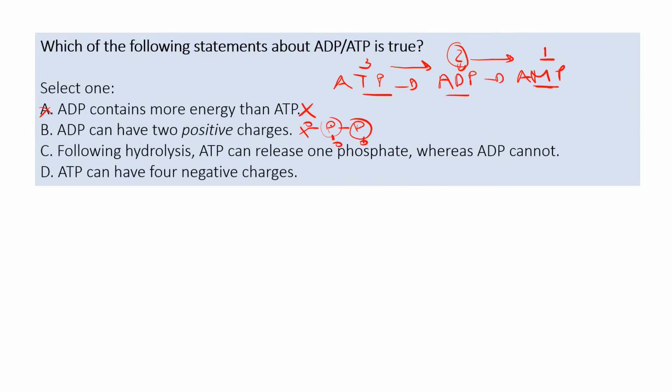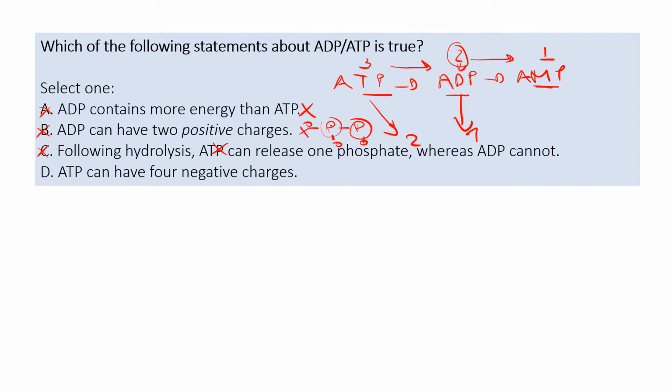So this one is wrong, and I will show you in a slide. Following the hydrolysis, ATP can release 1 phosphate, whereas ADP cannot. So this is right away wrong. ADP can release 2 phosphates, and ADP can release 1 more. So that one is wrong.